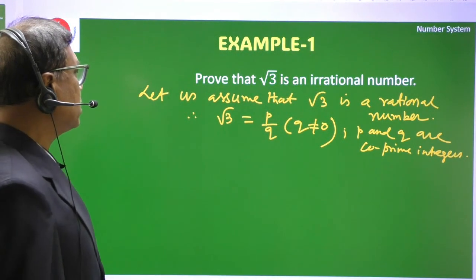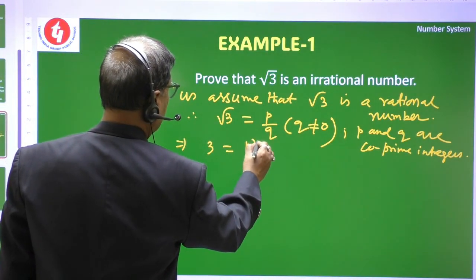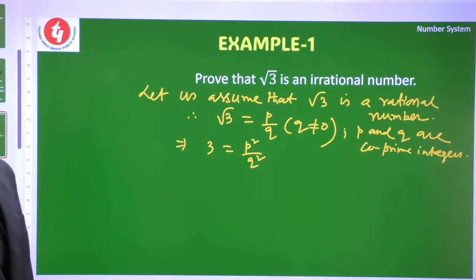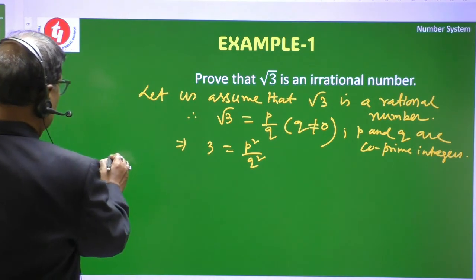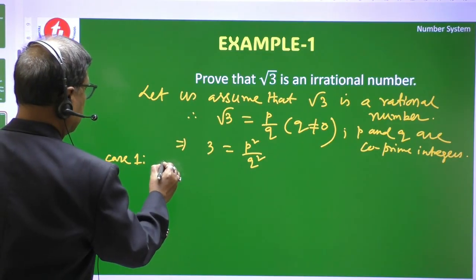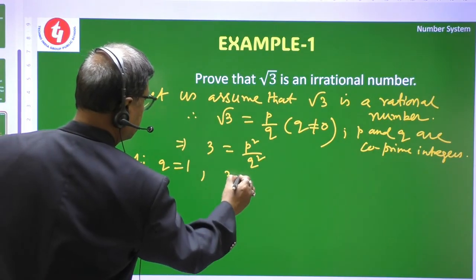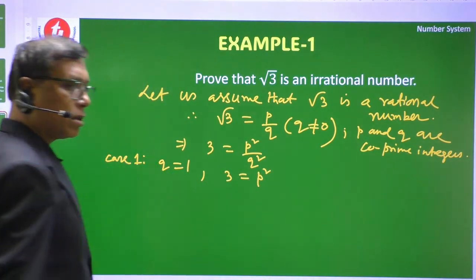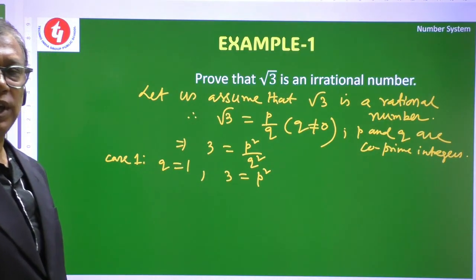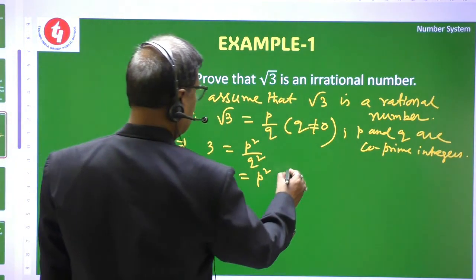Yes? So squaring both sides, 3 equal to p square upon q square. We are getting this result. Now case 1, q equal to 1. Then we are getting 3 equal to p square. What does it imply?